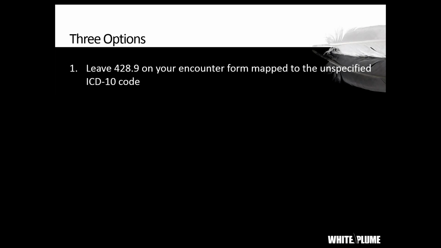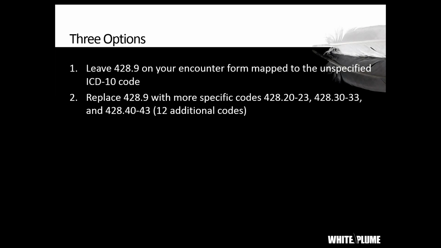So again, I have my same three options here. I want to walk through another example just so you can start to see the pattern, so you can try to identify and correct these in your own practice. I can leave 428.9 on my encounter form and let it map to that unspecified ICD-10 code. Again, I would not recommend that.